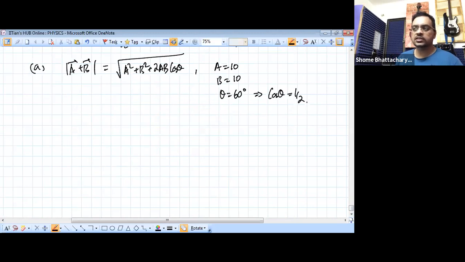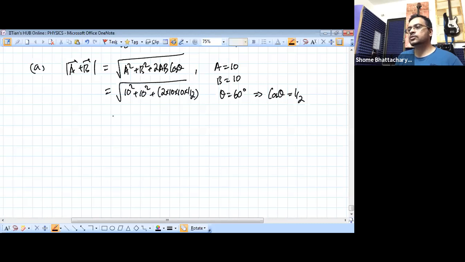All of you know cos 60 is half, so this becomes square root of 10 square plus 10 square plus 2 into 10 into 10 into half. So as you can see, it becomes square root of 100 plus 100 plus 100, or root of 300, or that can be written as 10 root 3, or approximately 17.32.